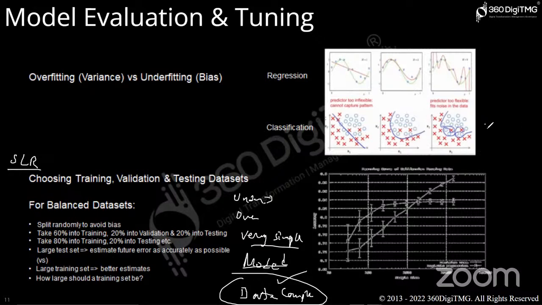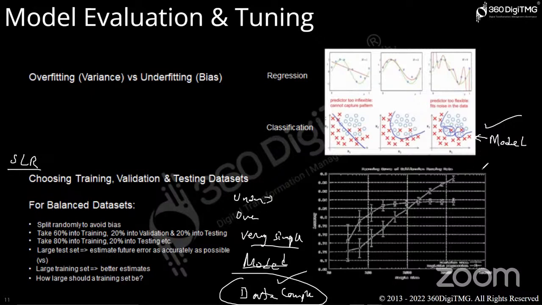Now we have a third thing here. We can see the data points are being exactly measured. So is this better? This is happening because model complexity is very large.